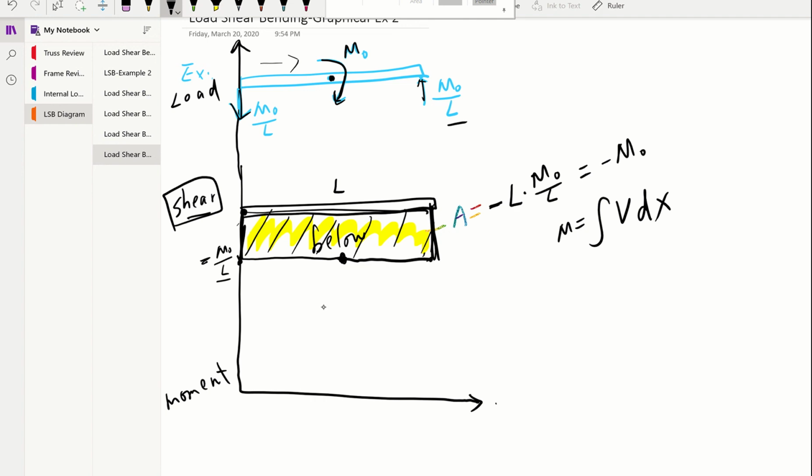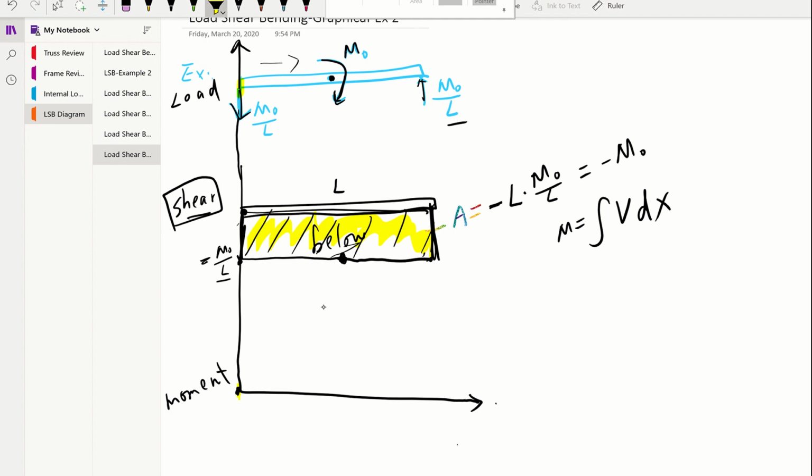It means if I start the moment here and integrate this whole thing, I'm going to have to subtract value because it's below, until I'm going to subtract M naught at this last point when we integrate this entire area. Okay, but now let's start from the beginning, which is right here.